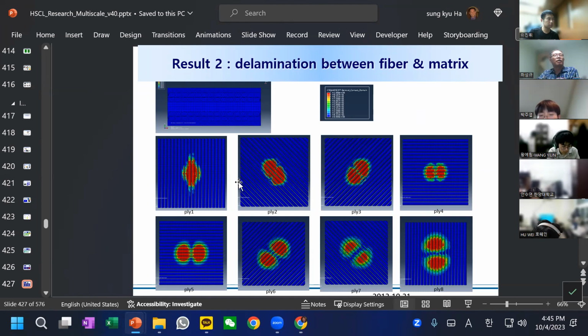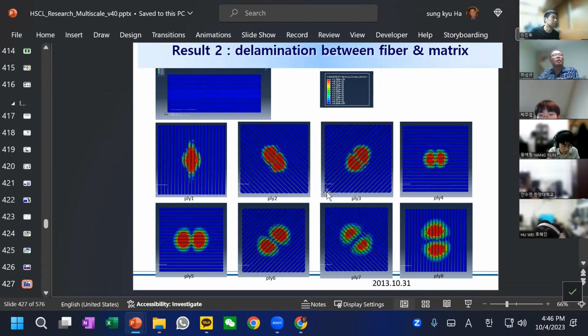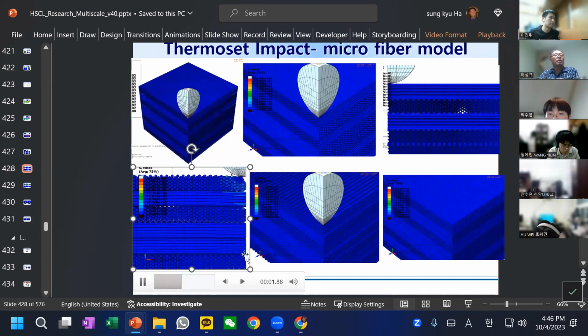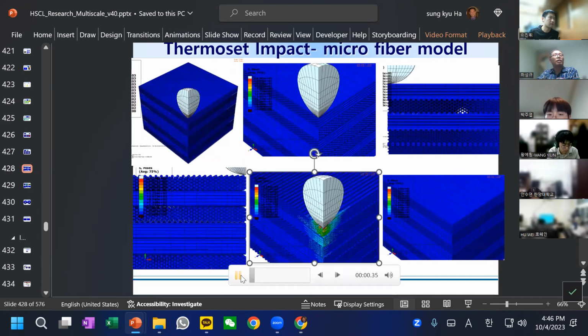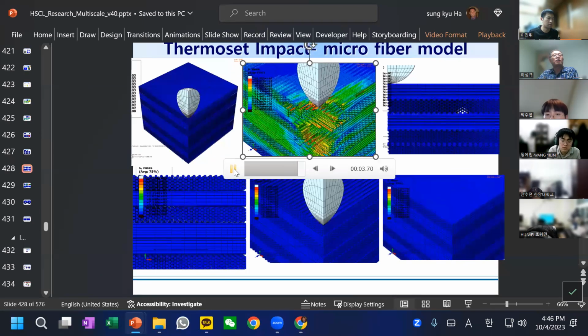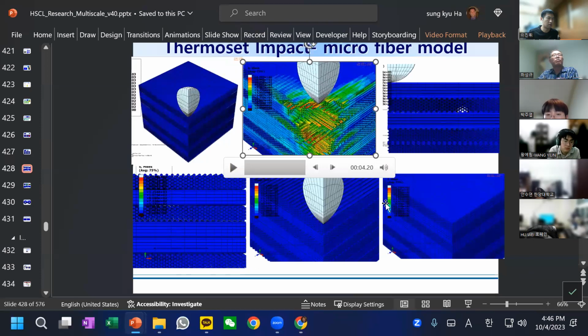And as you can see, it's never been done in the composite society, but we are able to predict this delamination shape by modeling the microscopical aspect. We hope to publish this one, but we didn't do that yet. But anyhow, as you can see how this can be impact and how damage propagated so quickly, and the fiber can be broken here.